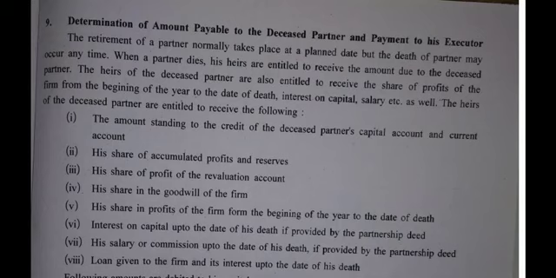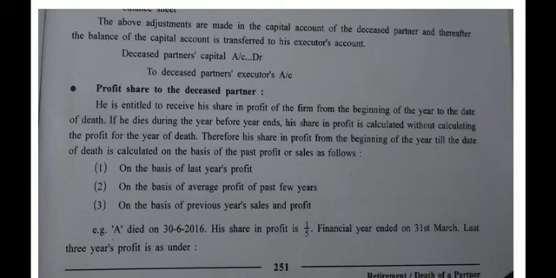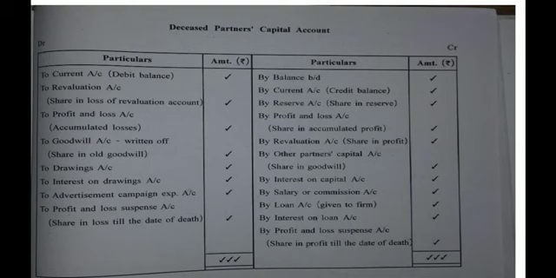These concepts are also given in your textbook if you want to study. It is given on page number 251. And the specimen is given on page number 253 of your textbook.